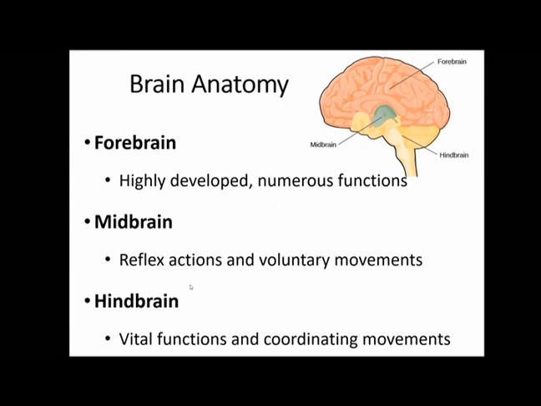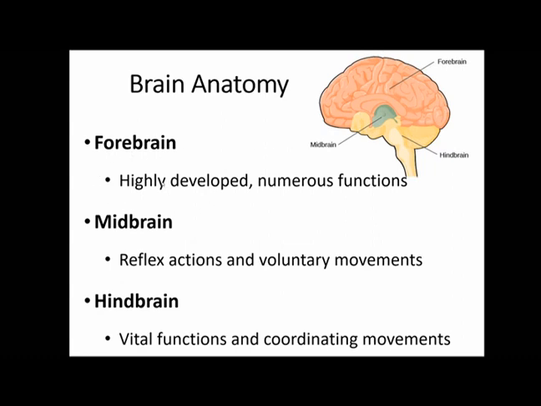So we could think of our hindbrain as the most basic of basic biological functions that keep us alive. Our midbrain is going to be somewhat basic, but not as simple: things like reflex actions and voluntary movements. And then our forebrain is going to be more complex functions.